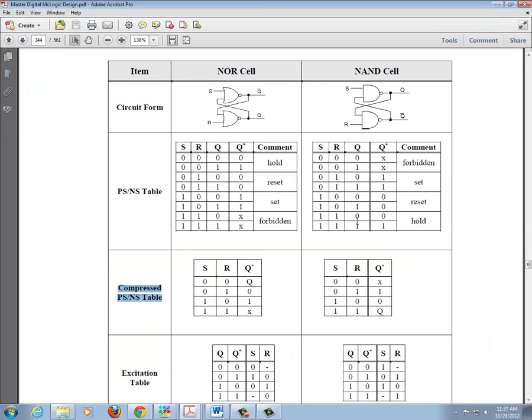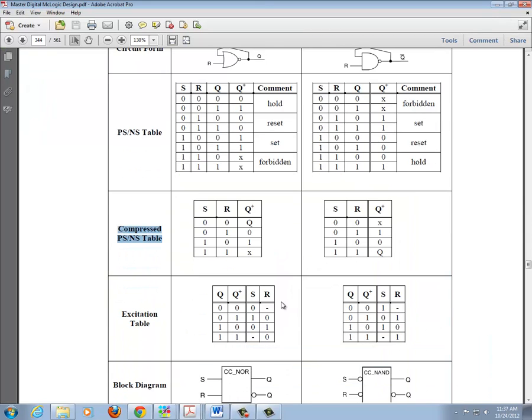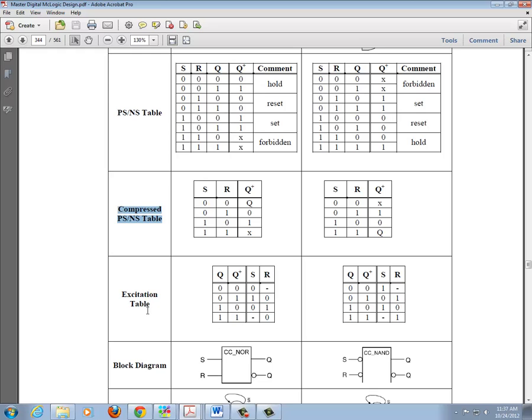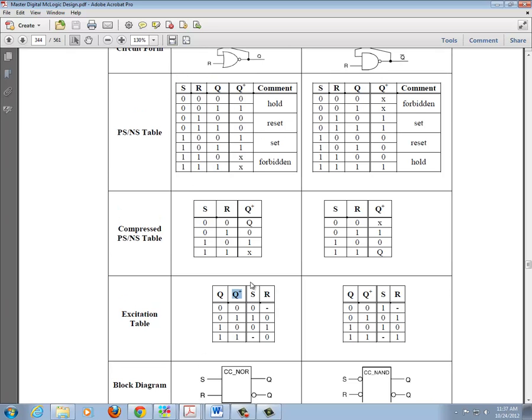Now you can actually rearrange this table into another form called an excitation table. In the excitation table, you show your present state Q and your next state Q plus, and show what conditions would get you from Q to Q plus. So let's say you were in state 0 and you wanted to go to state 0 again.